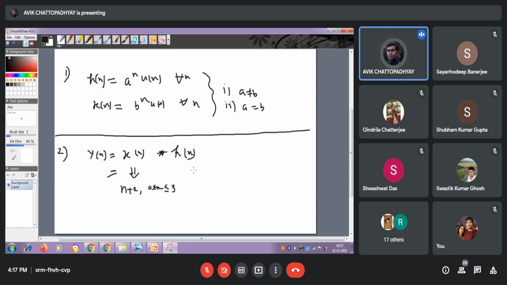This is for x[n]. And h[n] is, suppose, a to the power n u[n] for all values of n. So x[n] is n plus 2, where n ranges from 0 to 3, and h[n] is a to the power n u[n] for all values of n, this form.